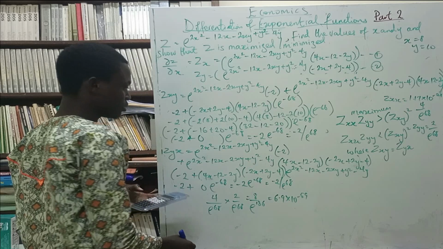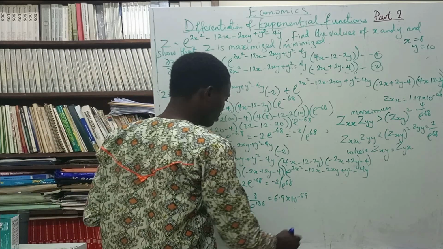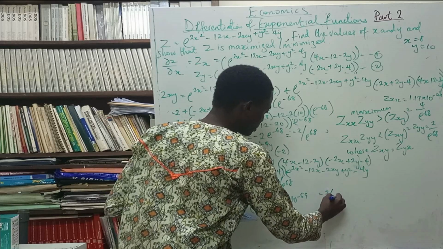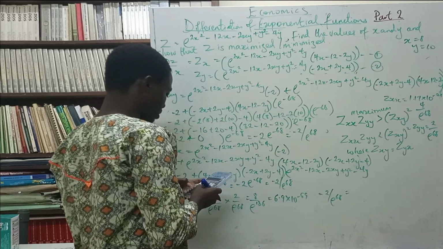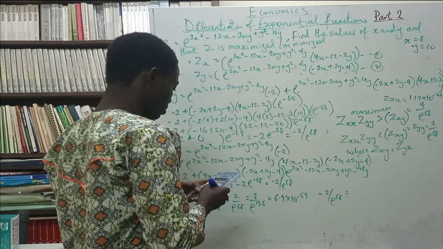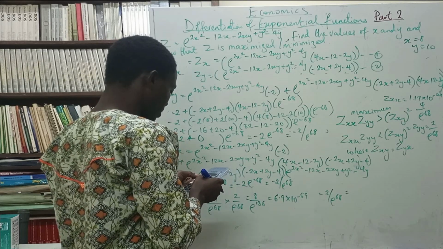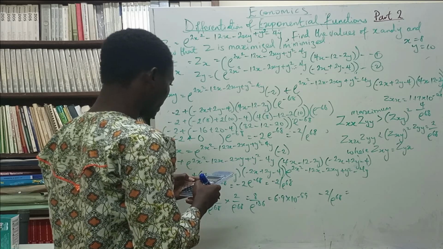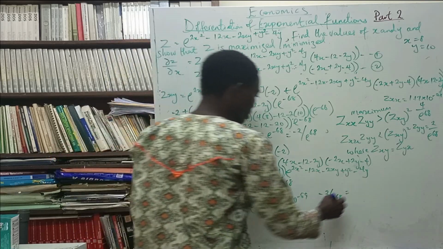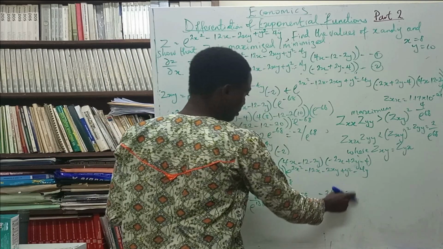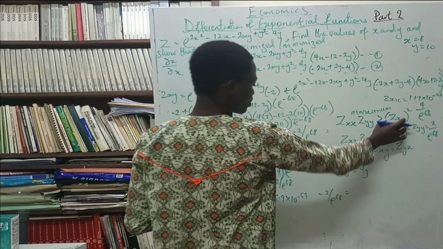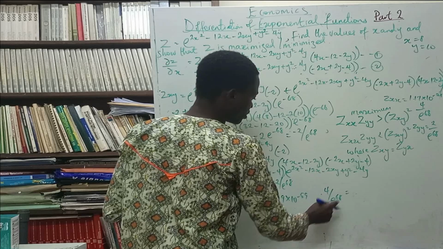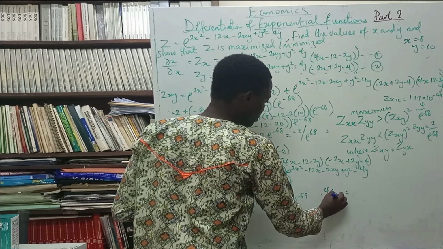And then let's see what this one is going to give us. Minus 2 divided by e raised by 68. I'm supposed to square this because it is squared here. So when I square it, I'll be having 4 over e raised by 136.